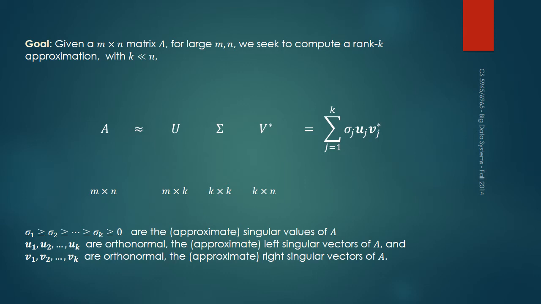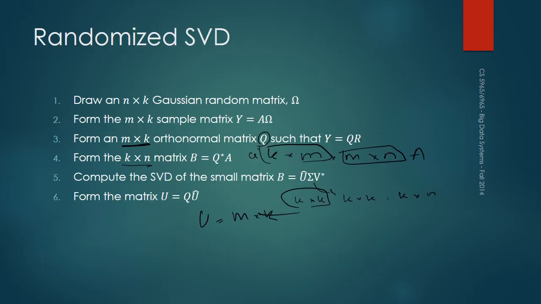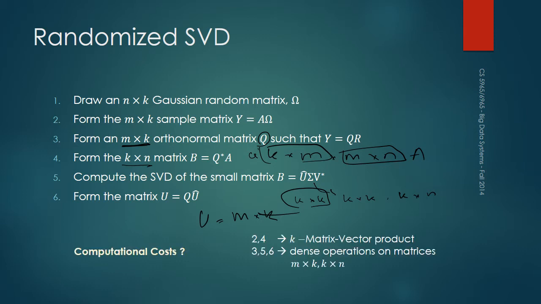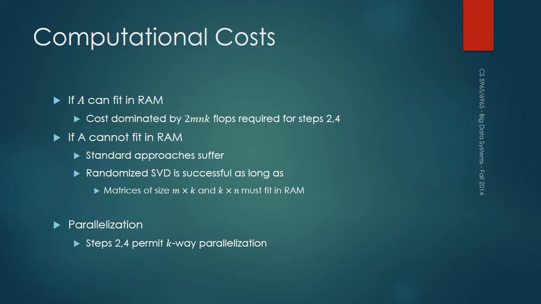We looked at a few other randomizations; what I'm talking about comes from the number of K samples. Let's say it's step 2. How many samples have you generated? I would rather generate a few more extra samples here than do the whole thing again a few times. Also realize from a parallelization perspective that steps 2 and 4, which are in most cases the computationally dominant part, will permit a K-way parallelization.